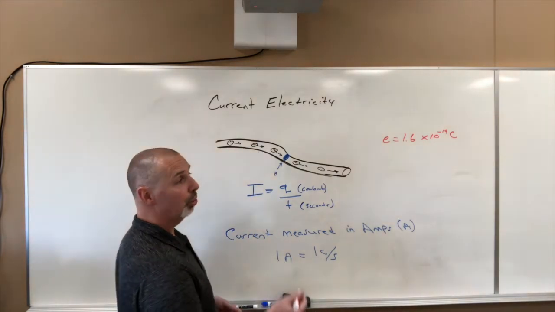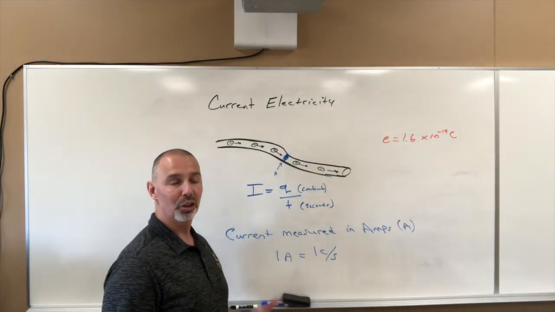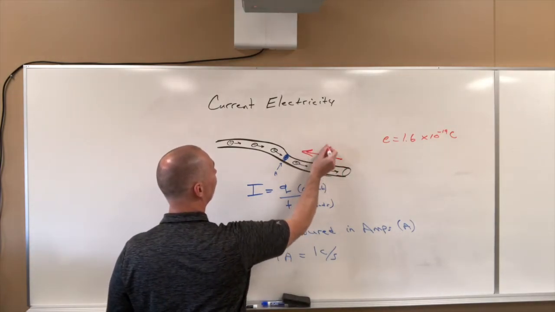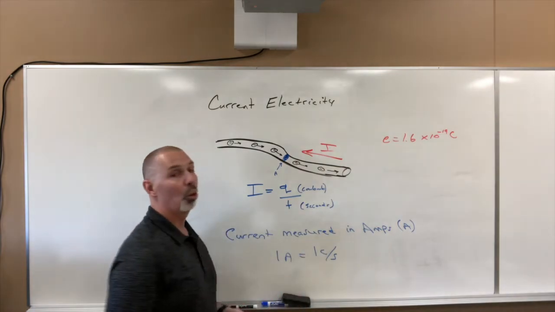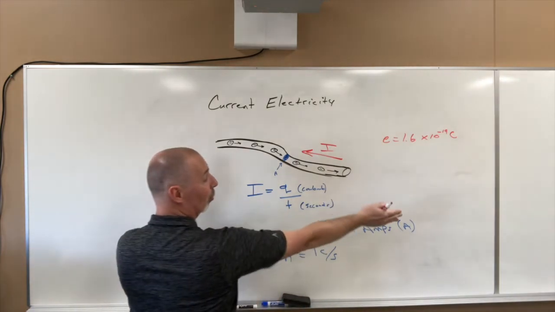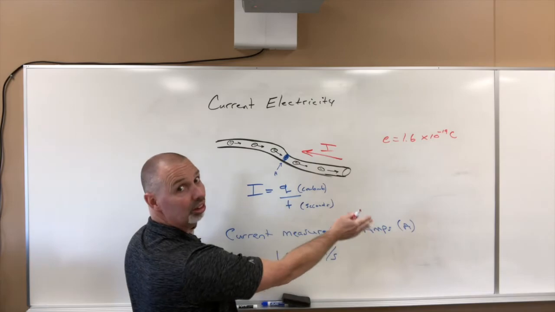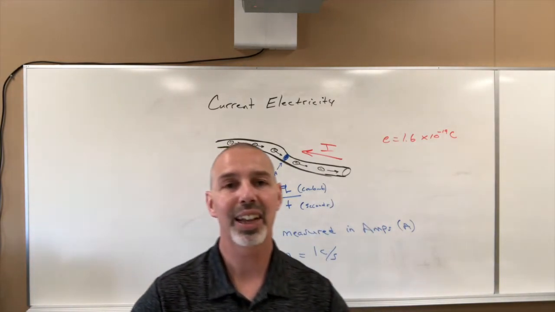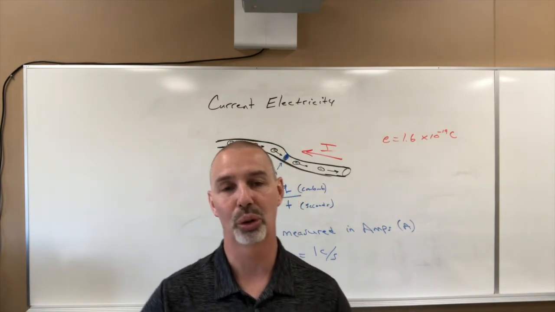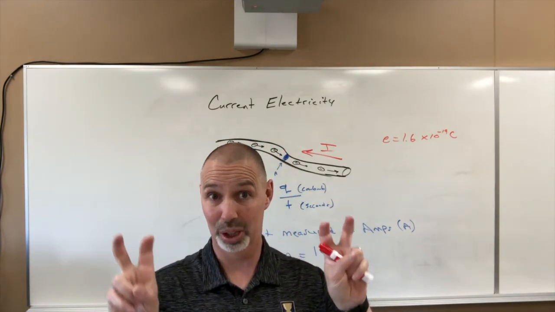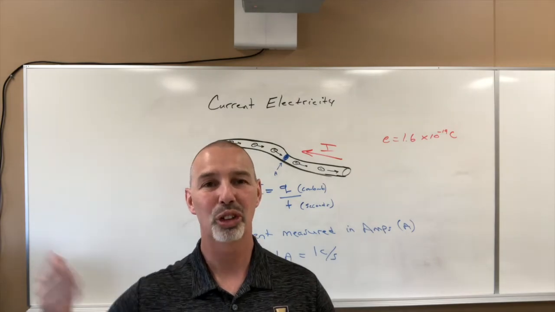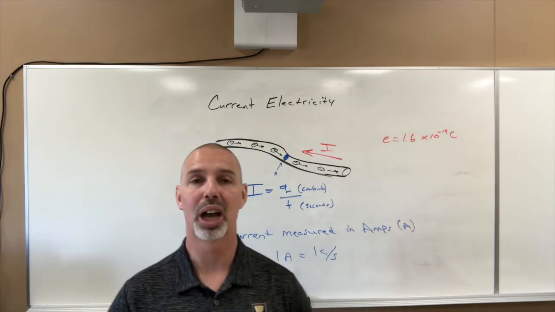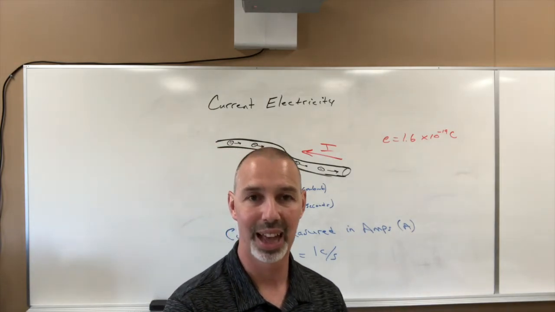So we continue to use that initial definition of the direction of current, and it is in this direction in this diagram. While the electrons are moving left to right, current is defined as moving right to left. So current is a concept, right? The electrons are moving left to right, but we define current as moving right to left.